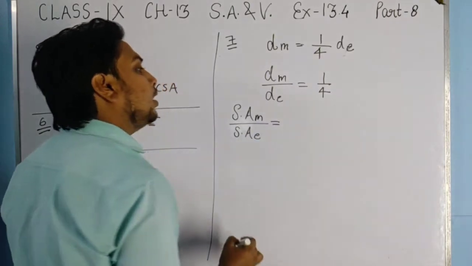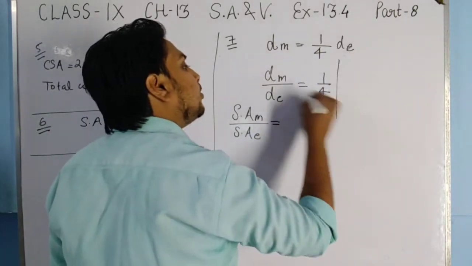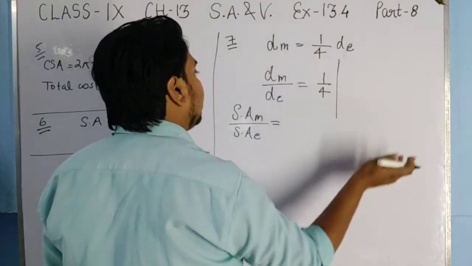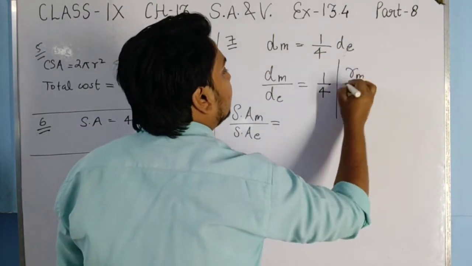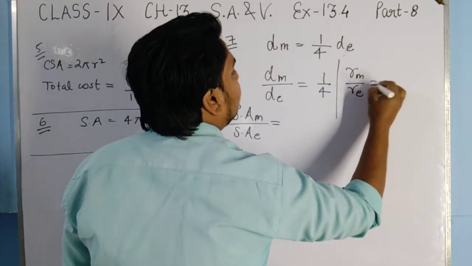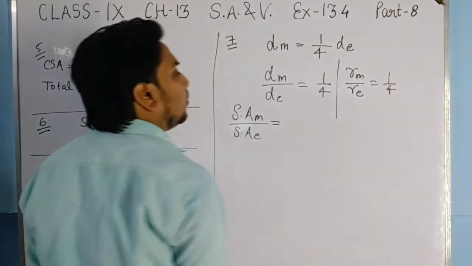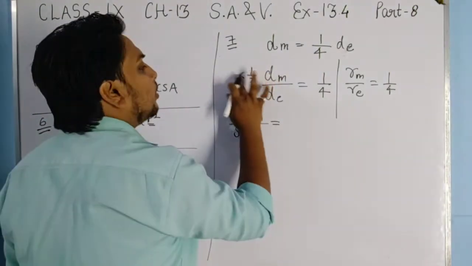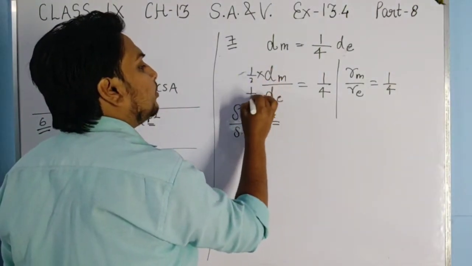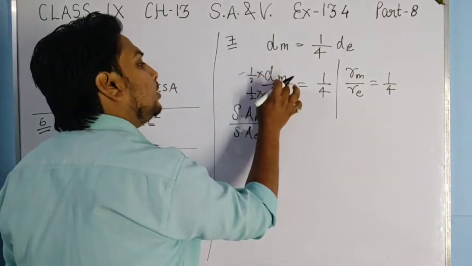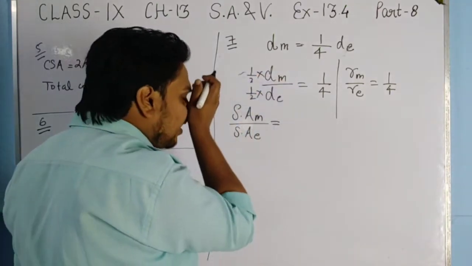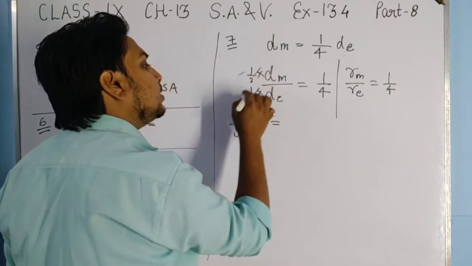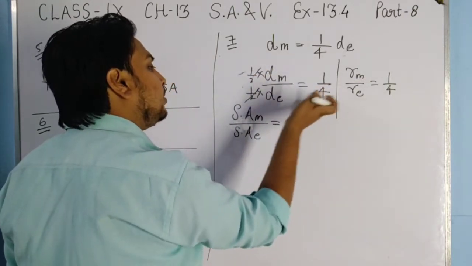Students, if the ratio of their diameters is 1/4, then the ratio of their radii will also be 1/4, because they are lengths. If we multiply by 1/2 here and 1/2 here, then the 1/2 will cancel out, so it will be the same.